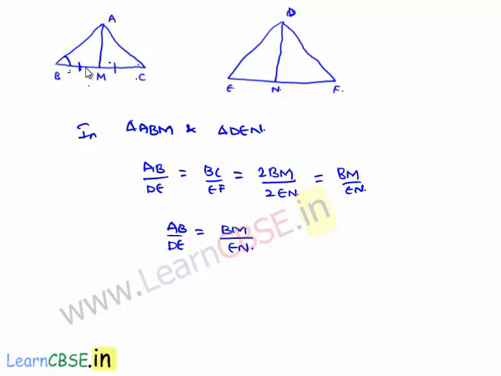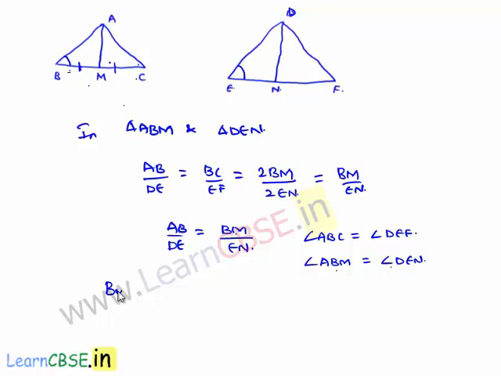And also we know that triangle ABC is similar to triangle DEF. We can say that angle ABC is equal to angle DEF, or instead of ABC we can write angle ABM, which is equal to angle DEN, which is nothing but angle DEF and angle ABC. Now if we observe, in triangle ABM and triangle DEN, two sides are in proportion and one angle is equal.